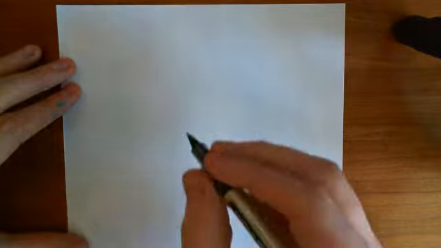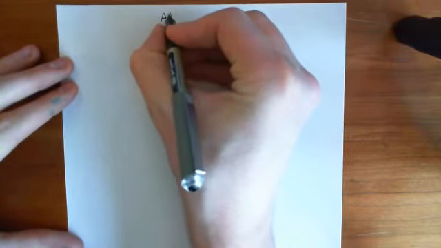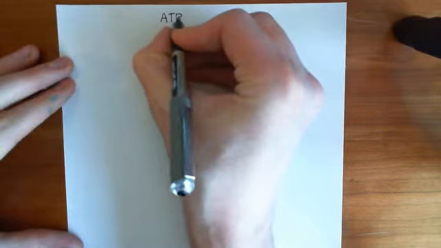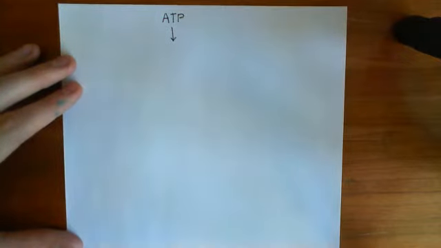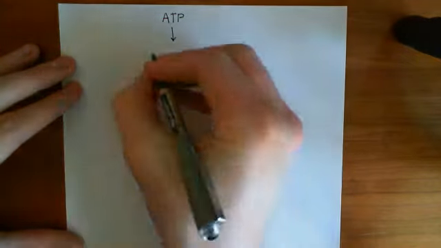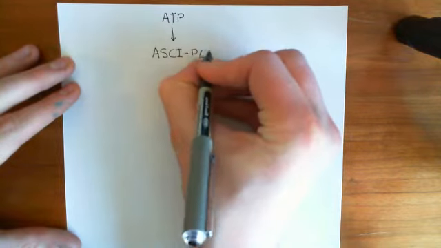So when the ATP goes up in the cytoplasm of the cell, it is believed that it activates something that is not well understood yet, but which has a name regardless of the fact that we don't understand it very well. This is known as the ASCI phospholipase A2, so PLA2.